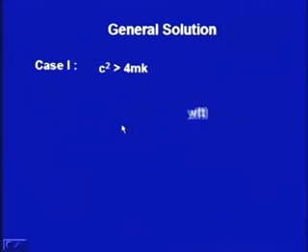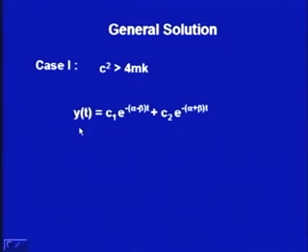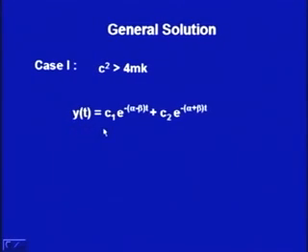So, the general solution in case 1. Case 1 is when c square is greater than 4mk, that is we would have two roots, minus alpha minus beta and minus alpha plus beta. So, the general solution would be y of t as c1 e to the power minus alpha minus beta t plus c2 e to the power minus alpha plus beta t.